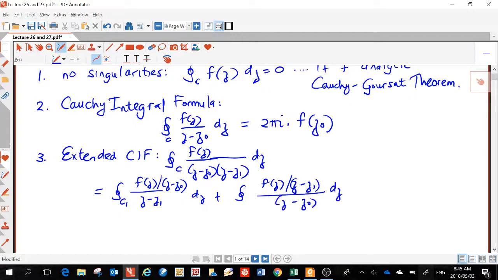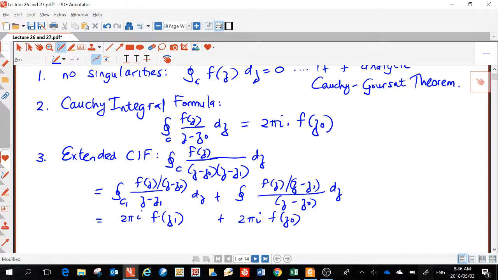You disguise it like that. So each one will be 2 pi i f of z1 plus 2 pi i f of z naught. And you can have many of these poles, singularities. I just dealt with 2. So that's the next level of difficulty when you have more of these linear poles, as it were.